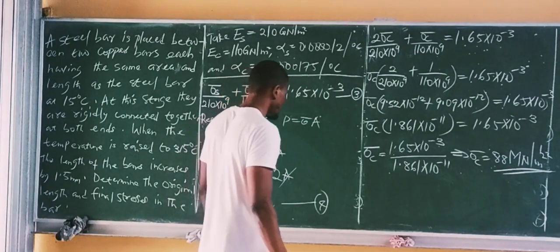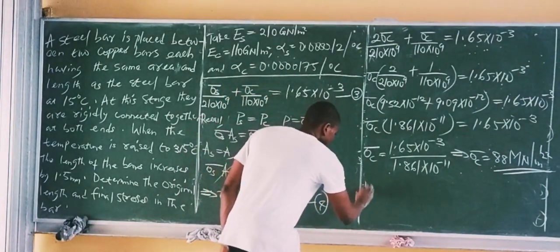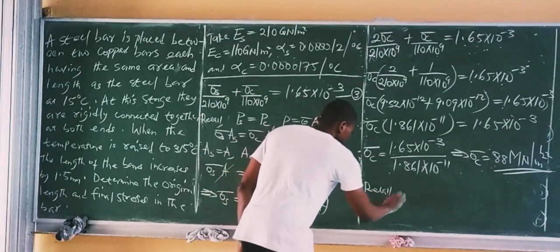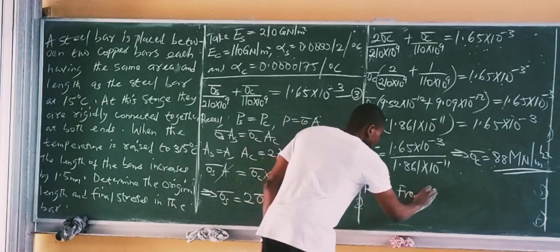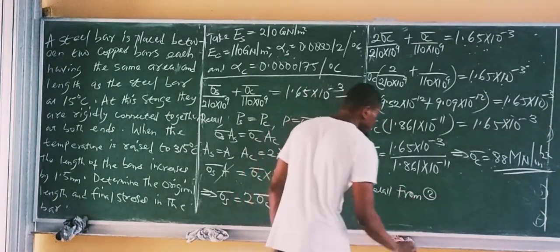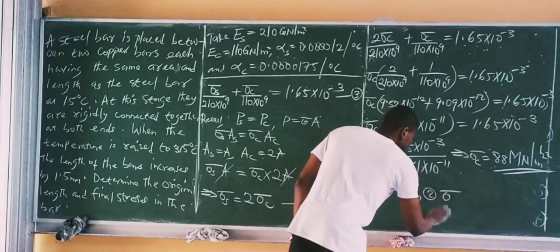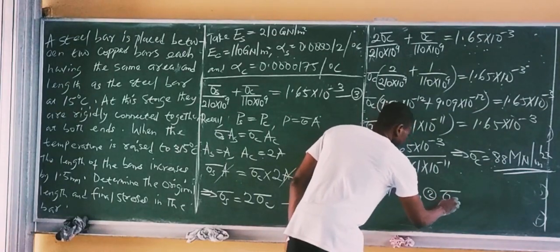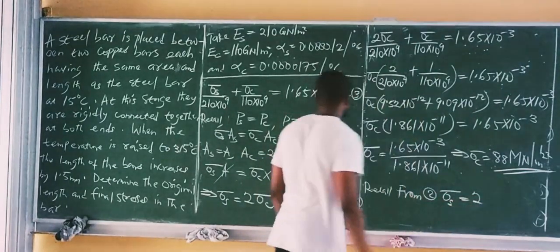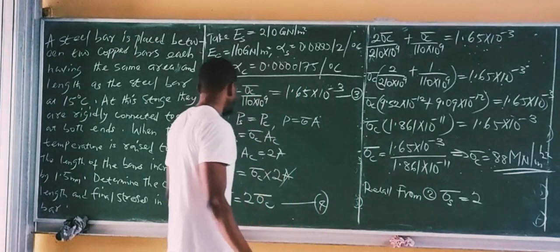Now recall from equation 4 that the stress induced in the steel is 2 times the stress induced in the copper.